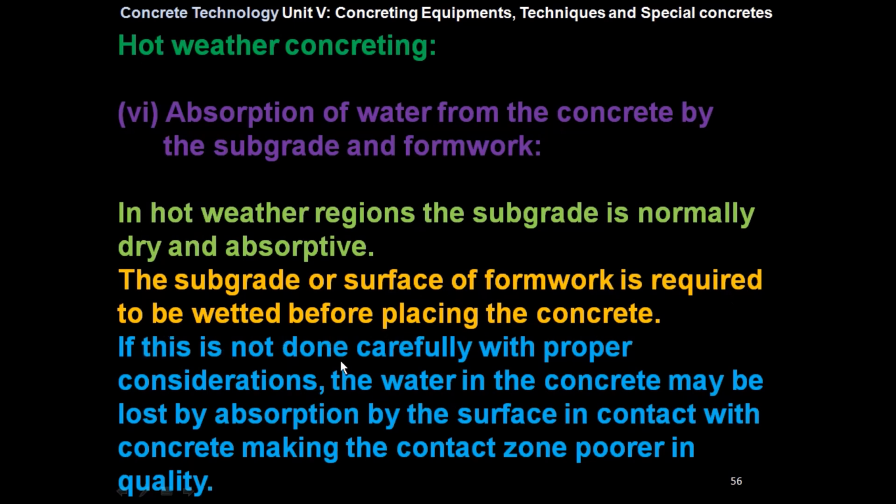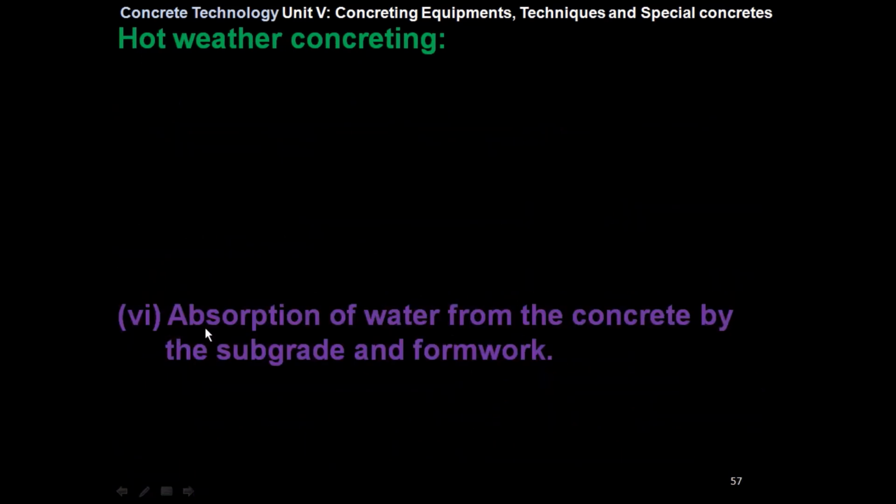If this is not done carefully with proper considerations, the water in the concrete may be lost by absorption by the surface in contact with the concrete, making the contact zone poorer in quality. So we have seen the sixth, absorption of water from the concrete by the subgrade and formwork.